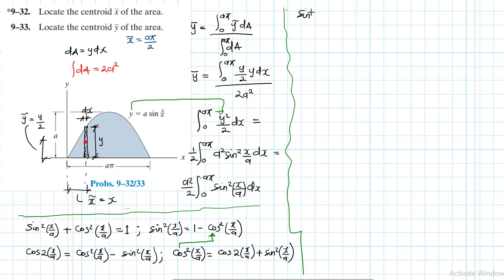Our sine squared x over a will therefore be equal to 1 over 2 minus 1 over 2 cos 2x over a. Is that fine? Yes, it's fine.